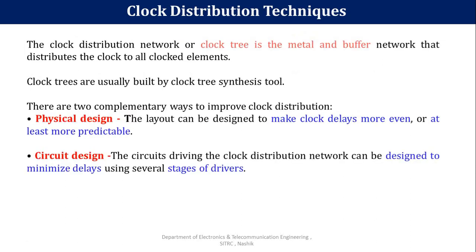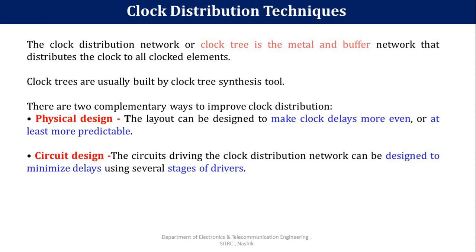What is clock distribution? The clock distribution network is a clock tree which is made up of metal and buffer network, which distributes the clock to all clock elements on the chip.